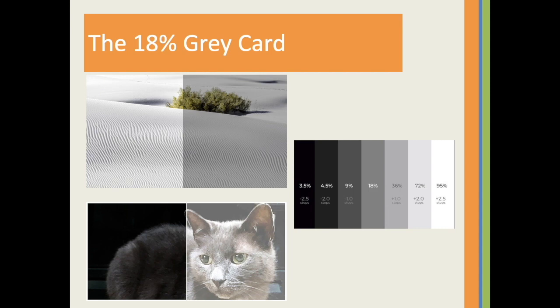So when a scene is predominantly white, a lot of light is being reflected, and the camera tends to not let enough light in, and so your sand is therefore underexposed and turns into a gray color. So really, to get white sand, you have to overexpose your image by 2 stops compared to what the metering system tells you. The same thing happens for dark images, like photographing a black cat, but it's the opposite.